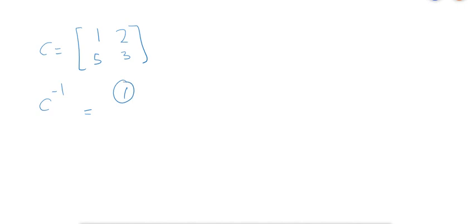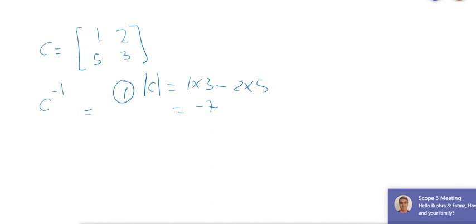First we will check the determinant of C. This is equal to 1 multiplied by 3 minus 2 by 5, which is equal to minus 7.